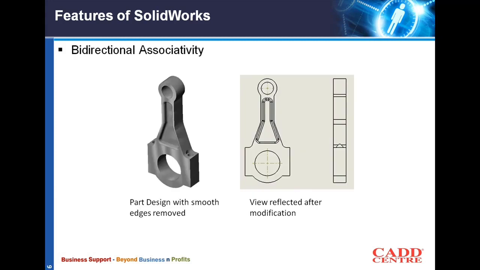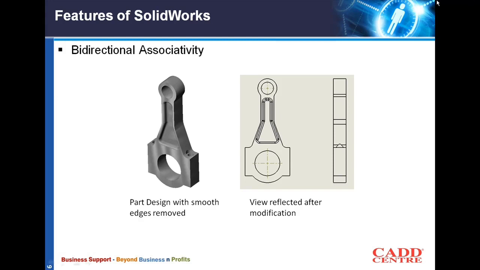The next feature is bidirectional associativity, which is more interesting in SolidWorks. You do part modeling, and once you complete the assembly modeling, you will go for creating the production document drawings. What you see here is exactly that, the production document drawing.